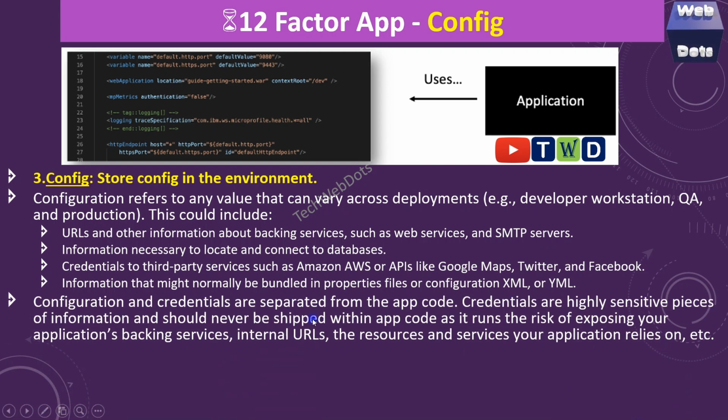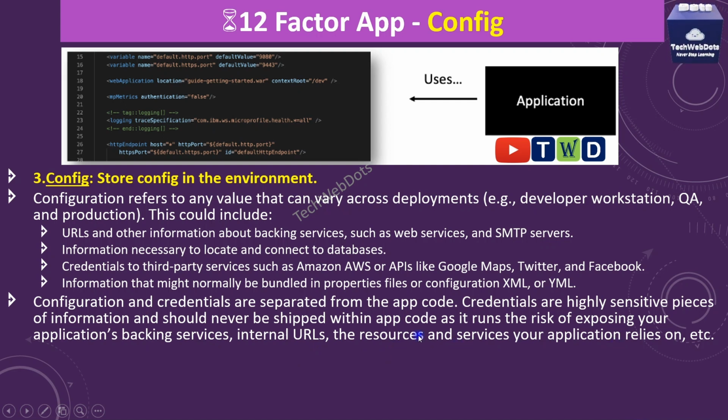Configuration and credentials should be separated from the application code. Credentials are a highly sensitive piece of information and should never be shipped with app code, as it runs the risk of exposing your application's backing services, internal URLs, and the resources and services your application relies on.